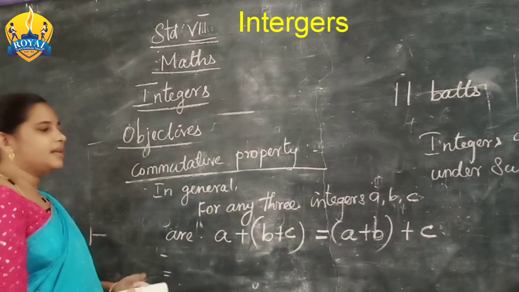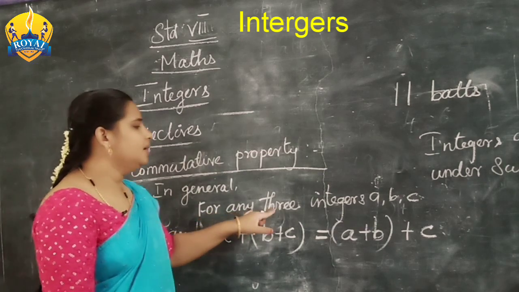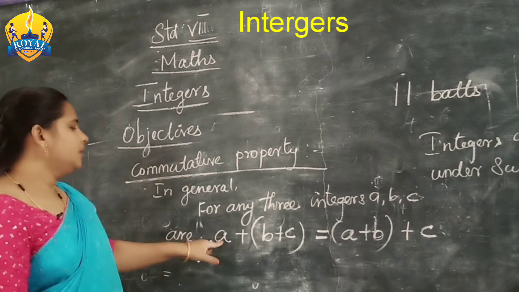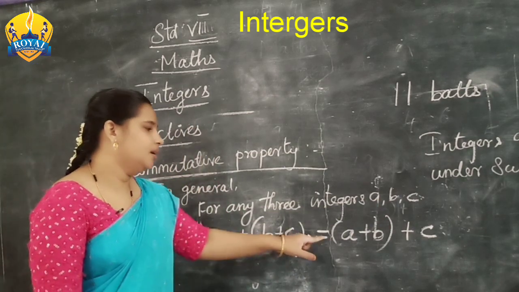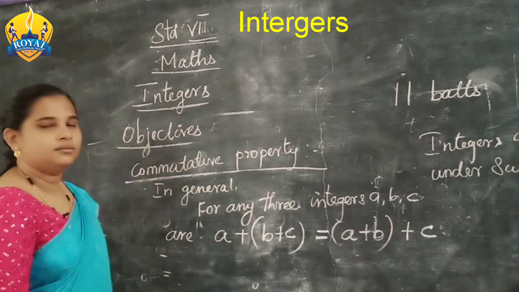Okay, this is the associative property. For any three integers a, b, c, a plus b plus c equals a plus b plus c.